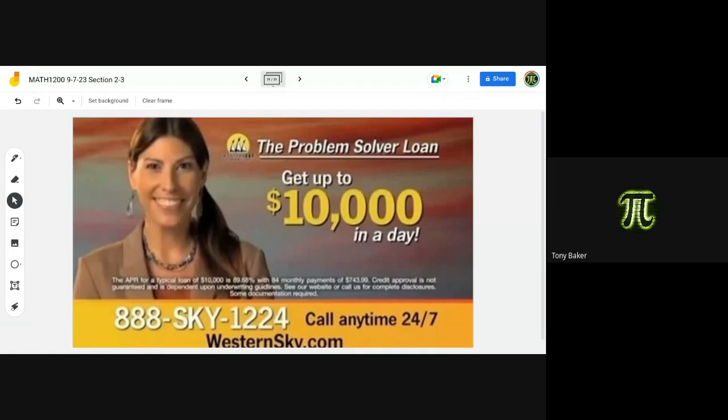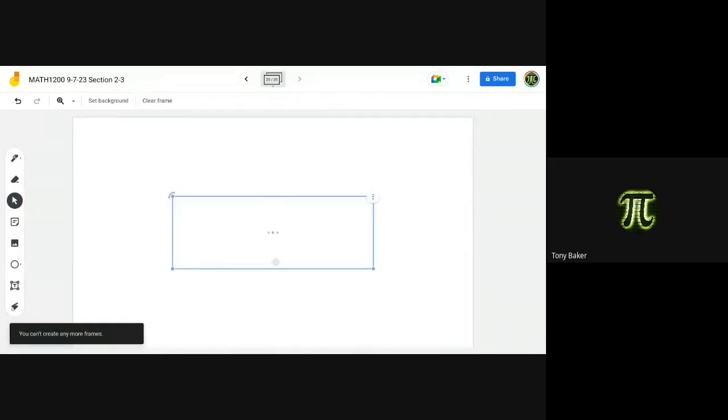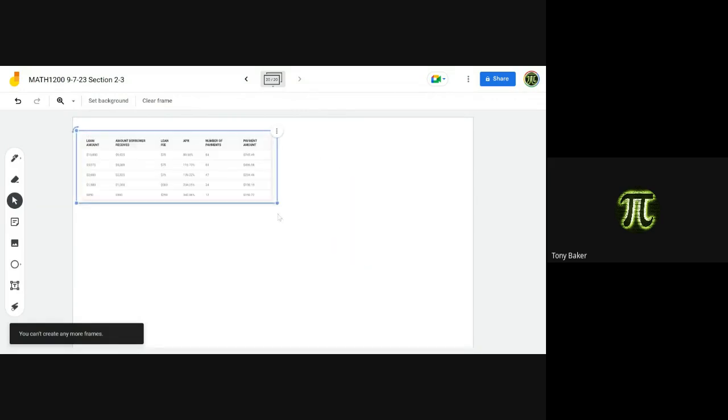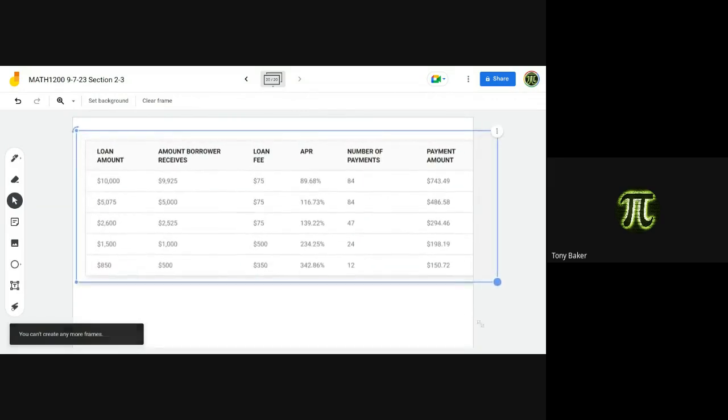Every month you'd have to pay them $750, for $10,000. This doesn't necessarily relate to graphs, but it does relate to being math literate.